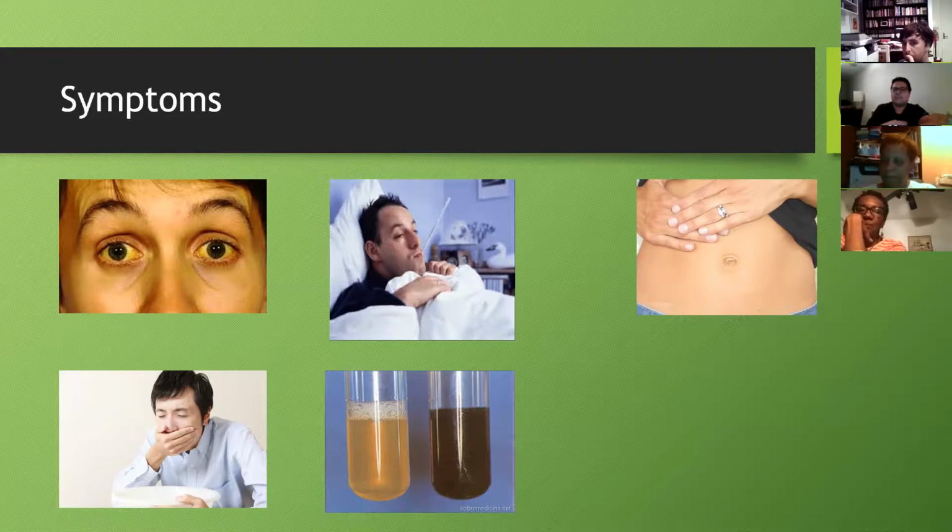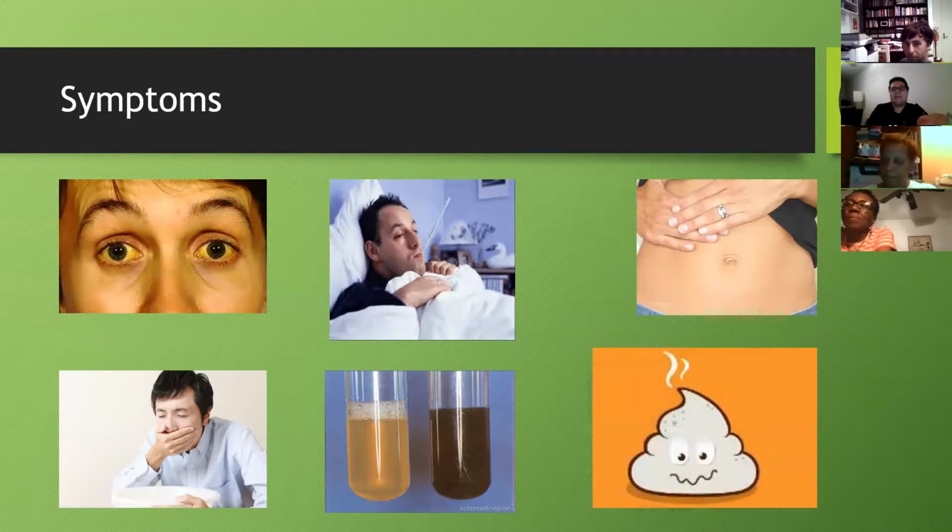On the left, you see the normal color of the urine. On the right, you see coluria. Because bilirubin, which is a pigment that is metabolized in the liver, cannot be metabolized properly, so it passes to the urine, creating this coloration.